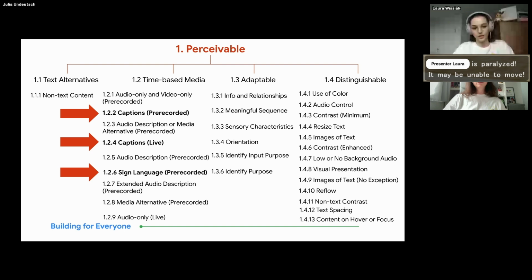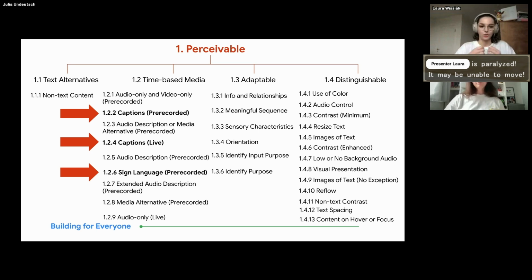Although live events are also possible, live events don't really apply to web content guidelines. They have different event guidelines, and they're not really published by the W3C because they focus on web content so far. But we can group them all together into this is video content and audio content, and how do we make it accessible for people who don't rely on their hearing to consume media.